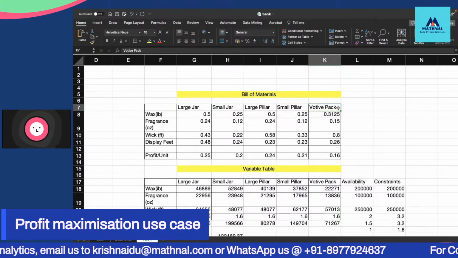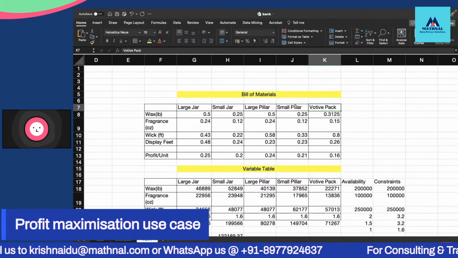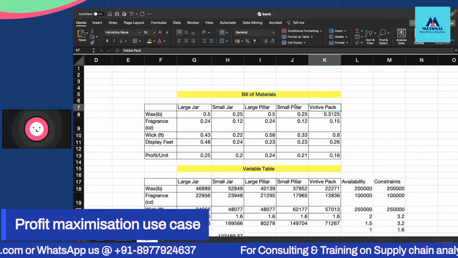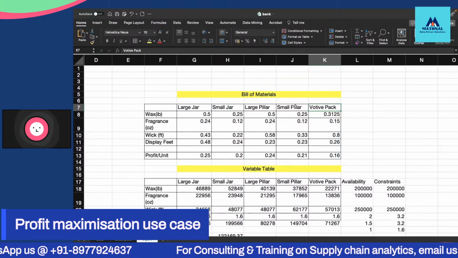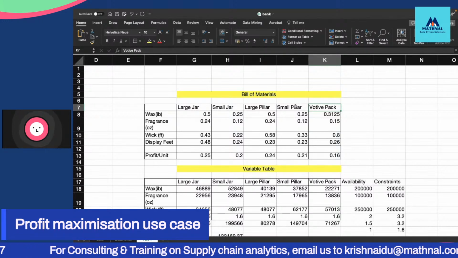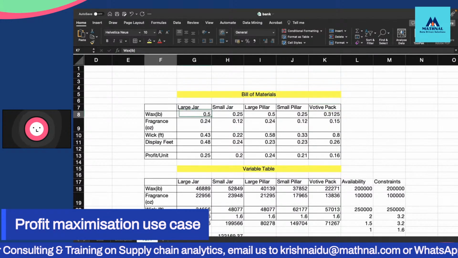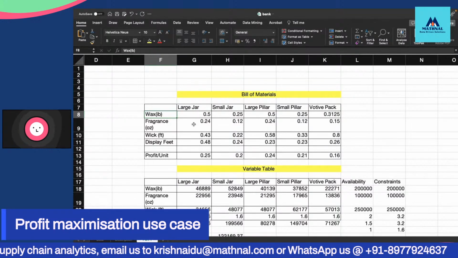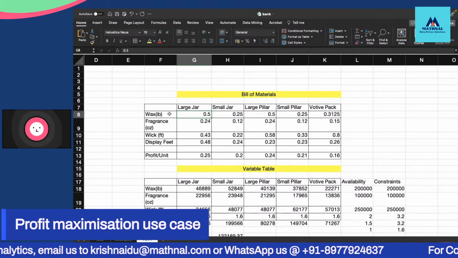These are different products which a manufacturer has tied up to produce for a retailer for its 8,500 stores all across the country. And suppose if they have to manufacture a large jar, they need 0.5 pounds of wax.